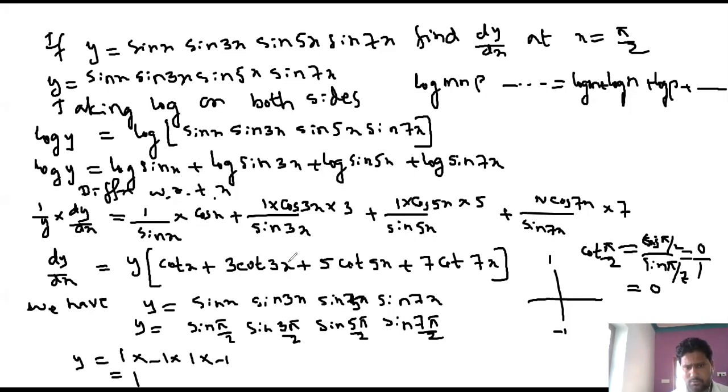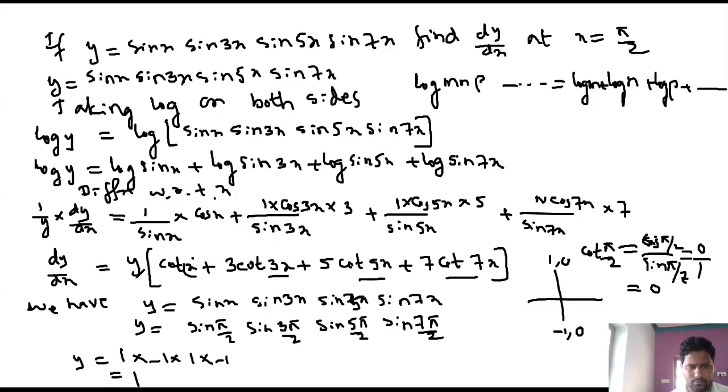Then cot 3x, that is 3 pi by 2, again it is 0 only. Here cot is 0 because the value of cos here is 0. What is cot? Cos by sin, 0 by 1 is 0, and 0 by minus 1 is 0. So cot x is 0, cot 3x is also 0, cot 5x is 0, cot 7x is 0.